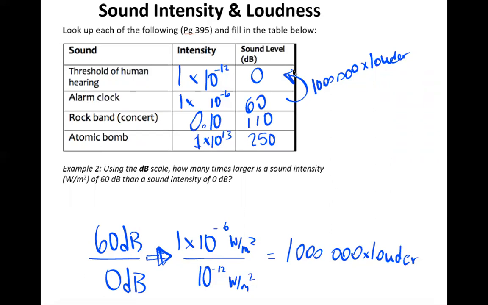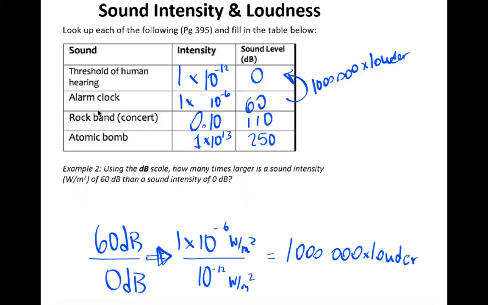Every level change, 60 to 50, 50 to 40, 40 to 30, is 10 times the amount of sound. So 60 compared to 0 would be 10 to the 6 times louder.